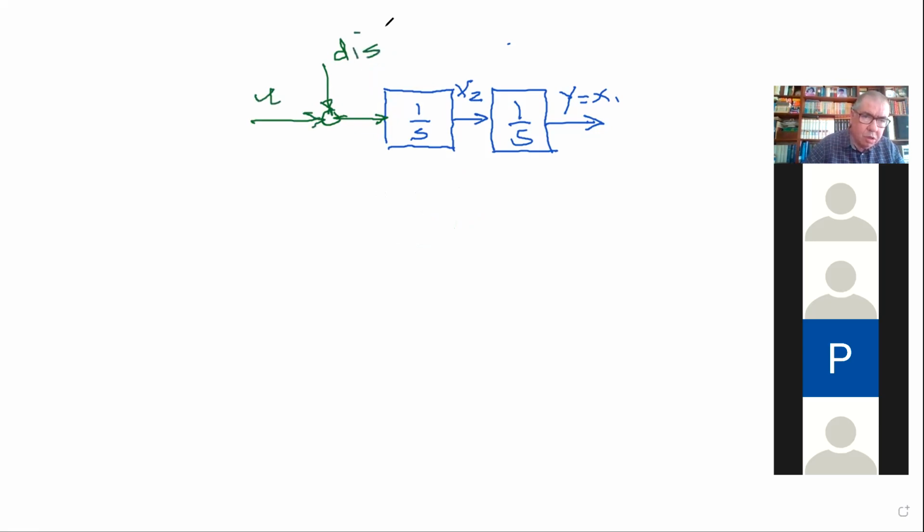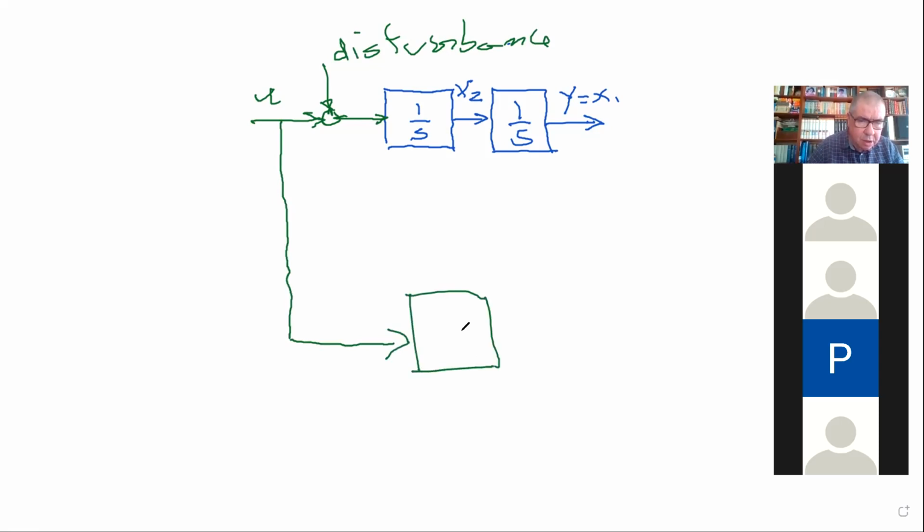Disturbance. So you do a replica of the first part. And you have here x2 hat.